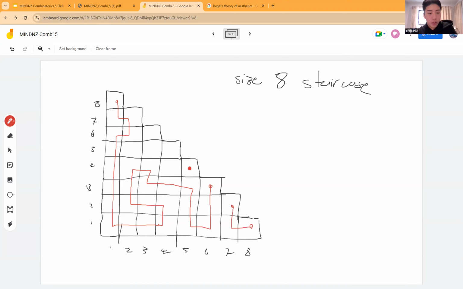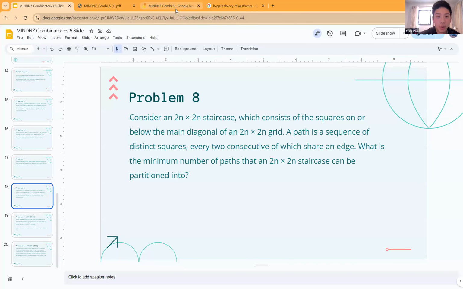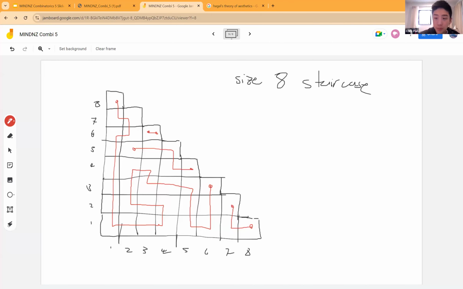Here's the second path. Here's the third path. And then my fourth path is very small. It just goes across one cell. So I've completely covered this size 8 staircase using four paths. The question is, for a 2n staircase, what's the minimum number of paths I need to fully cover it?